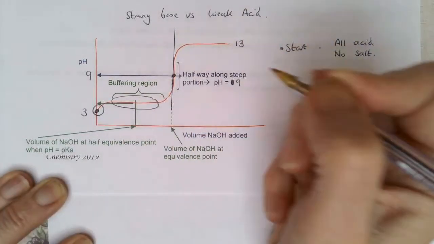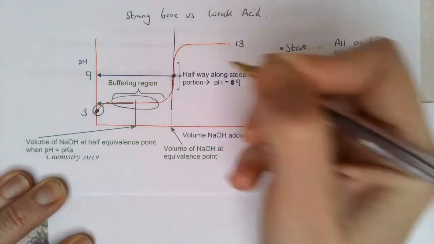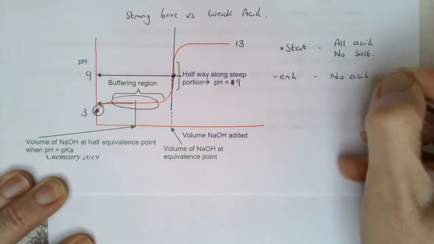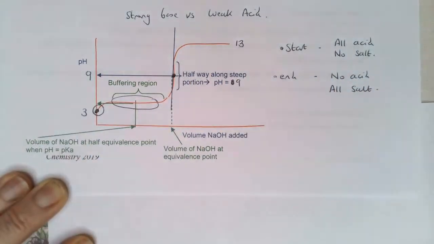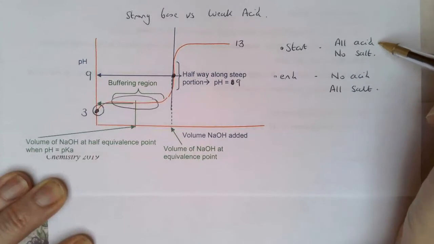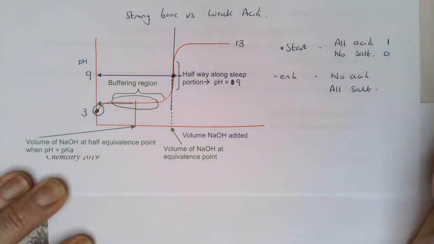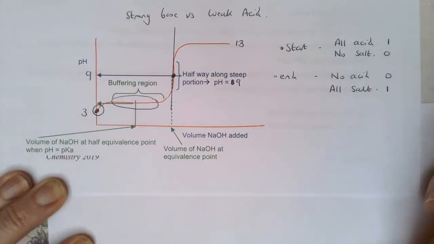At the end point, at the equivalence point, at the end of the reaction, at this point here, you have no acid and all the salt you're ever going to make. So at the start, let's say we have one acid and no salt. And at the end, because it's a 1-to-1 molar ratio, we have no acid, it's all been used up, and we've made all the salt we're ever going to make.